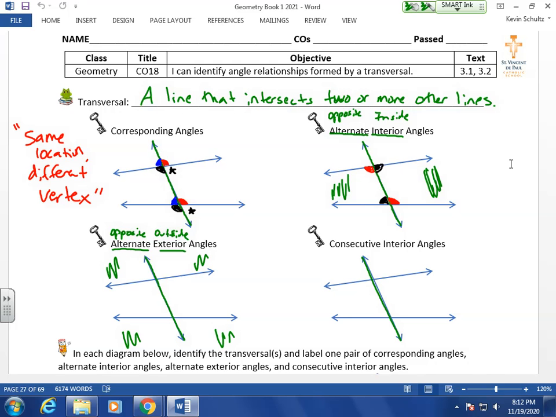And so alternate exterior angles, one pair would be this one and that one. They're on alternate sides of the transversal on the exterior, the outside of the two lines being intersected. And a second pair would be in black here, this one and that one. Also alternate exterior angles.